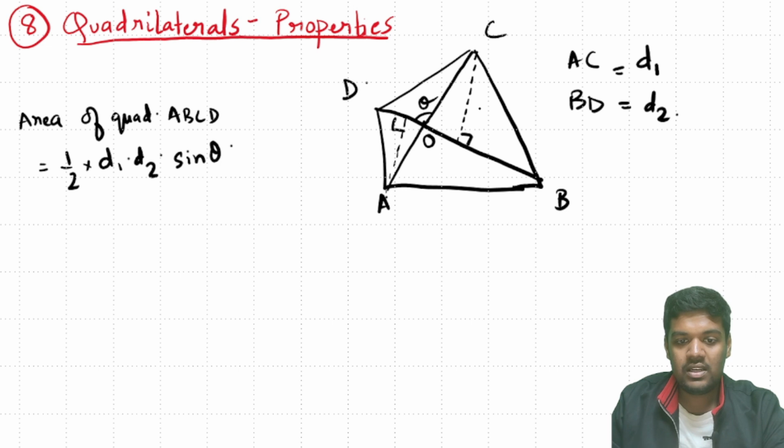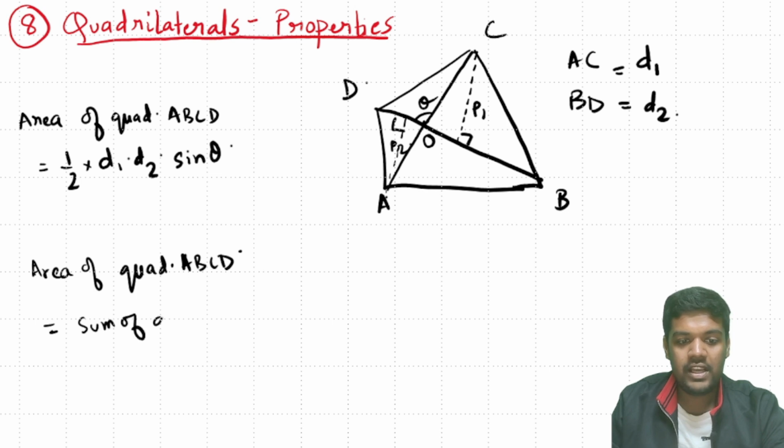Let's call these two perpendiculars P1 and P2. So I can write area of quadrilateral ABCD equals sum of areas of triangle BCD and triangle ABD.